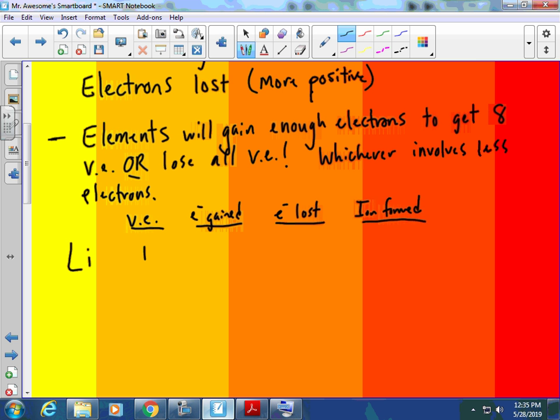All right, so according to our rules, it's either going to gain enough to get 8 or lose all of them, which means since it already has 1, it could gain 7 more electrons, or it could just lose that 1. So what's going to be easier, gain 7 or just lose 1? Lose 1. Okay, so electrons gained, not going to gain any. It's going to lose 1 electron.